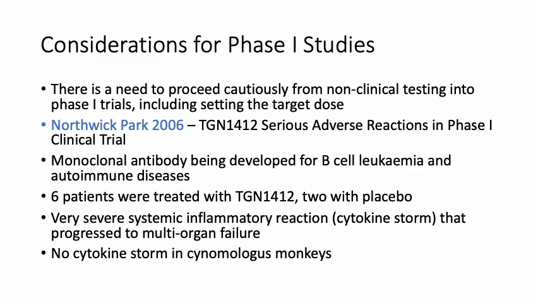This led to tragic consequences during a study in Northwick Park in 2006, when 2 patients experienced a CRS, cytokine release syndrome, or a cytokine storm reaction, resulting in the requirement for some of these healthy volunteers to have their fingers and toes amputated. An investigation after this event led to many recommendations to improve the safety of phase 1 clinical studies of biological medicines.